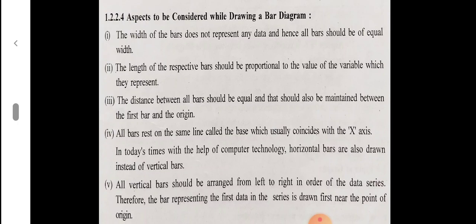Second, the length of the respective bars should be proportional to the value of the variable which they represent. One bar is divided in different proportion, so according to the value, bars should be divided.